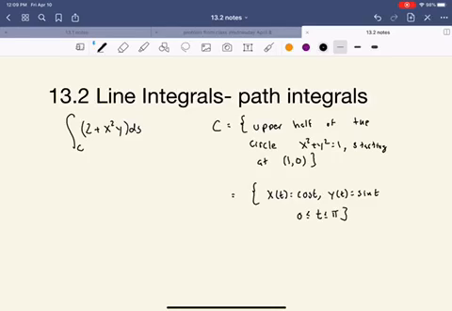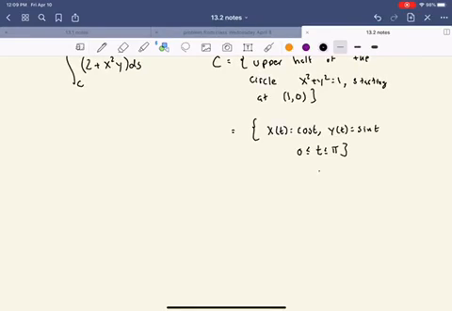Let's just draw that in. We start here, we go around, and we end here.